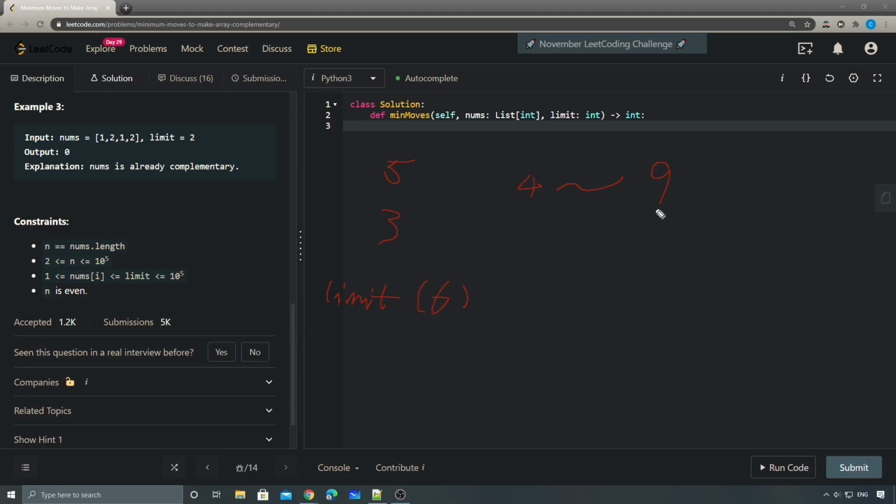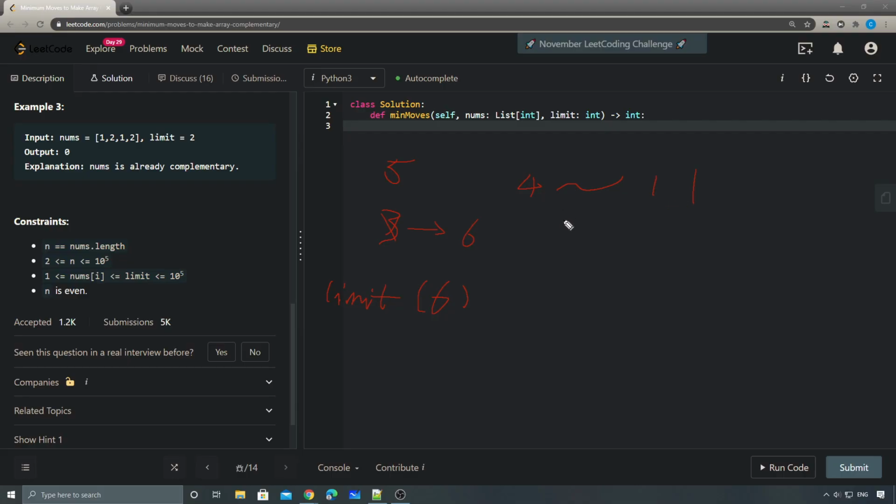Sorry, I'm sorry. We pick the smaller number, and then we change the smaller number to 6. So now 3 becomes 6. So the upper bound is 5 plus 6, which is 11.